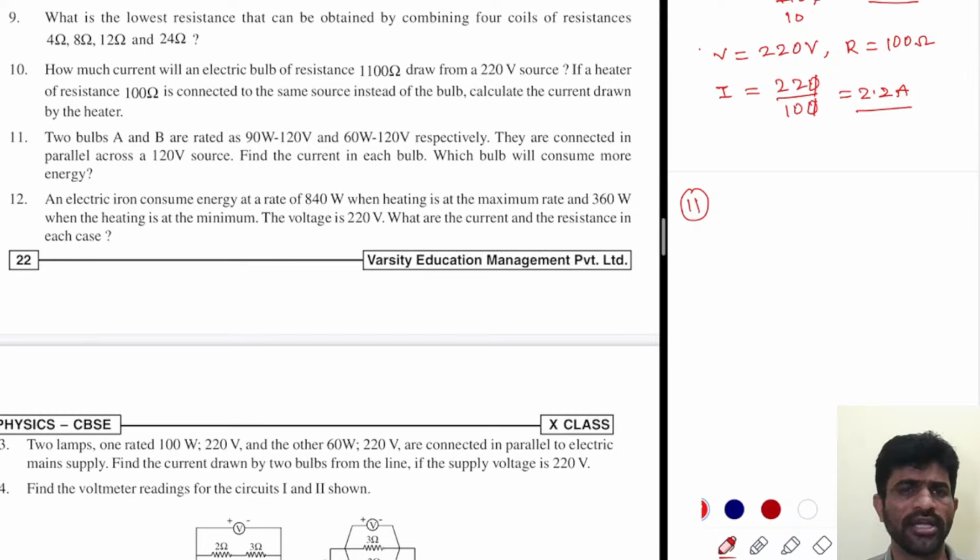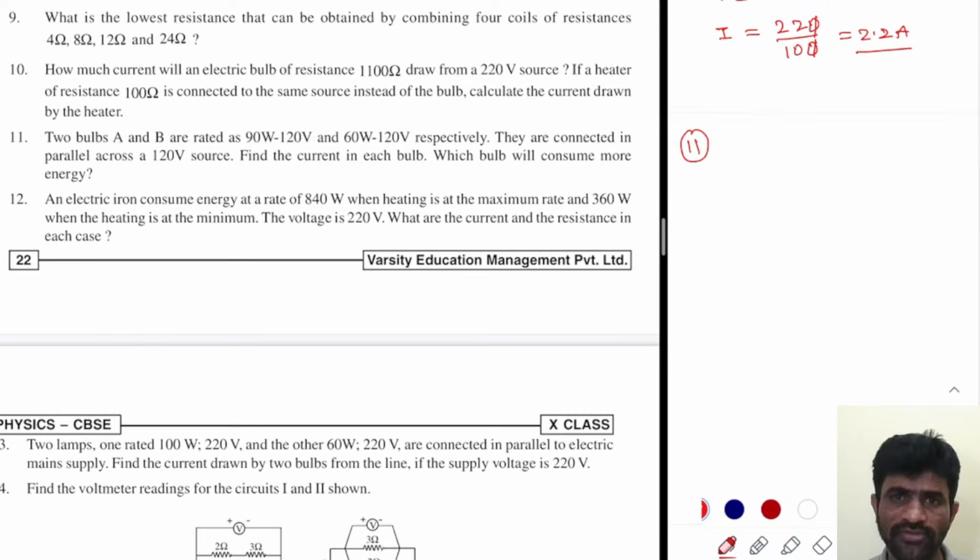So how do we find current again? Same as before, but here power and voltage are given. When power and voltage are given, which formula do we have to use? Power is equal to voltage into current, V into I. So in the first case, what is V?